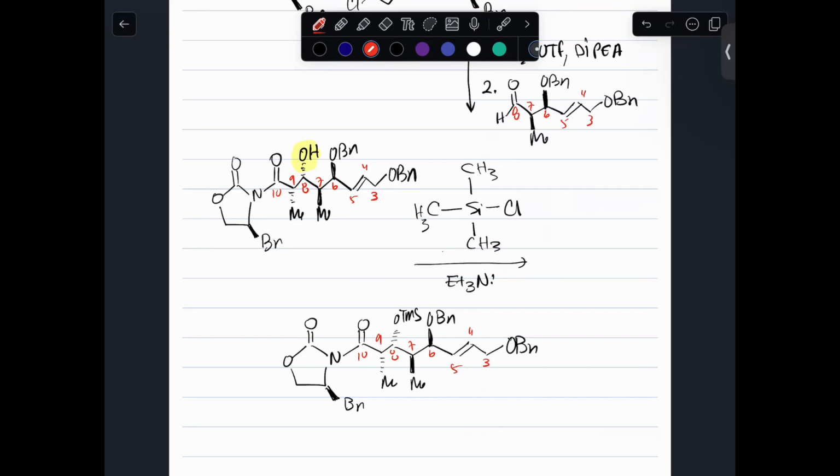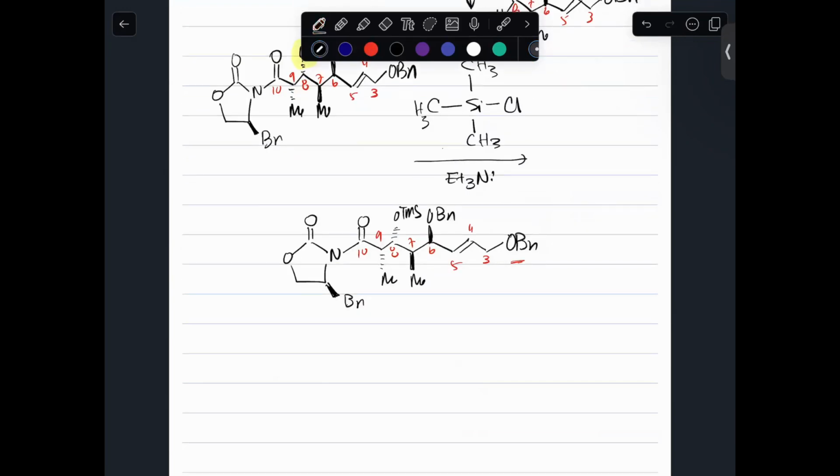The silicon protecting groups are a little easier to remove than the benzyl protecting groups, and that's perfectly fine. It also has to do a lot with sterics. Benzyl protecting groups that are on primary alcohols may be easier to remove because they're less sterically hindered. So we typically add different protecting groups to oxygens so that we can selectively remove them and then do specific reactions with specific alcohols.